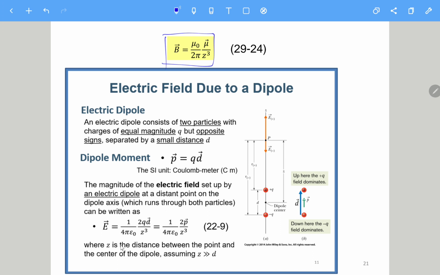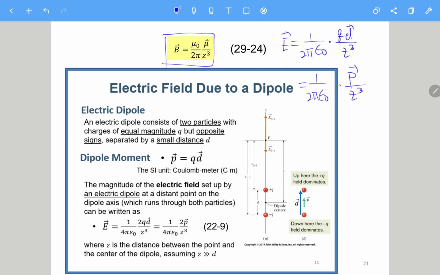Here we cancel this 2 and this 4, so it shrinks down to E equals 1 over 2 pi epsilon naught times QD over CQ. This QD is the electric dipole moment, so it is 1 over 2 pi epsilon naught and then P over CQ.